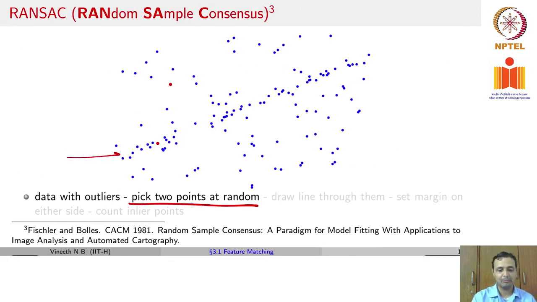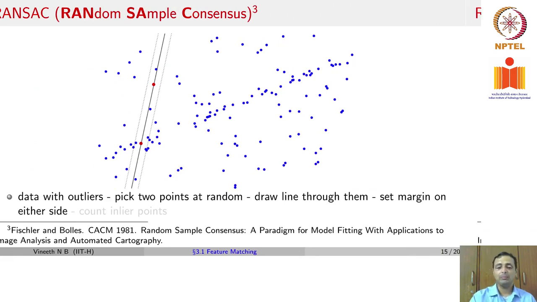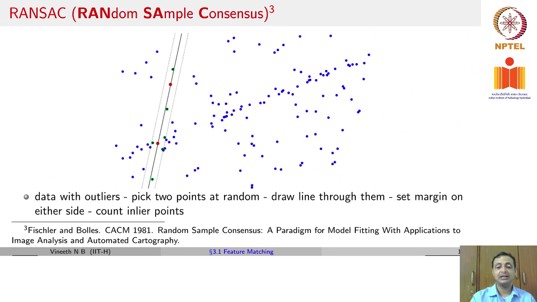You can see 2 points that have been picked in red. We know how to fit a line for 2 points. So you fit a line for those 2 points. You take a neighborhood of that line on both sides and see how many points in that neighborhood are inlier points, or how many of them correspond to points that we are looking for.